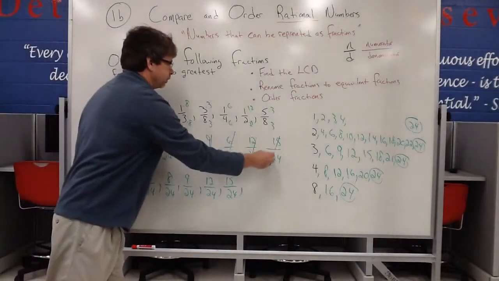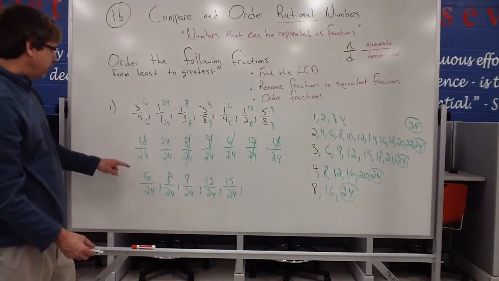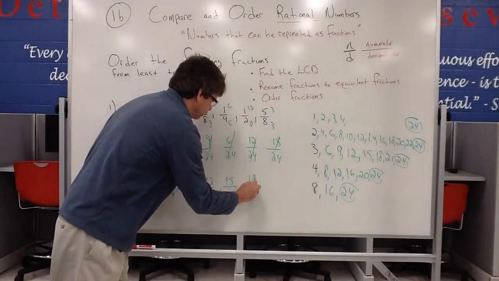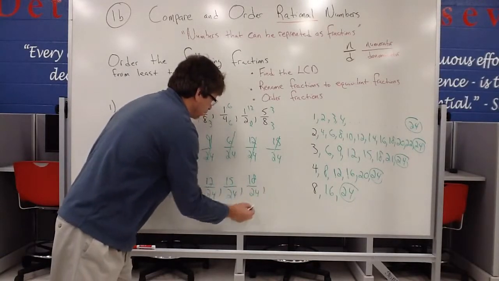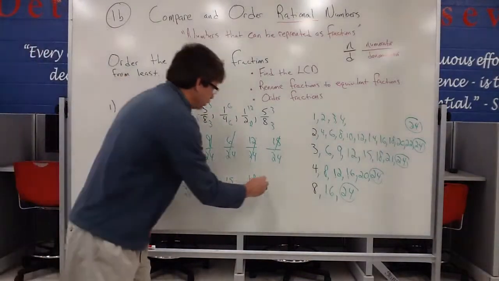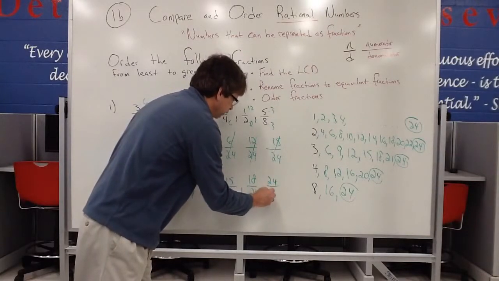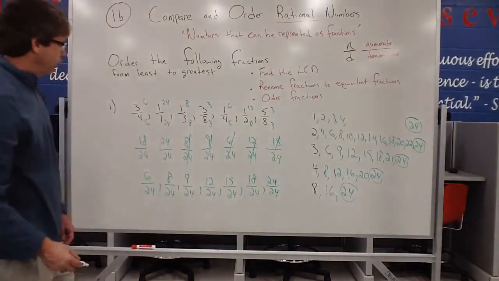So we use that one. And then we have 18 24ths. And then we had 24 24ths. So that would be organized from least to greatest.